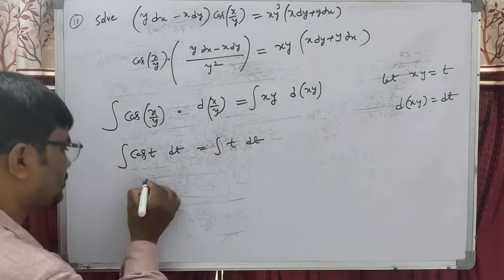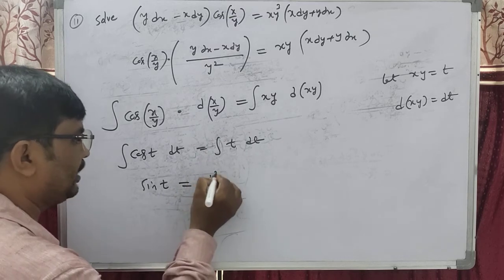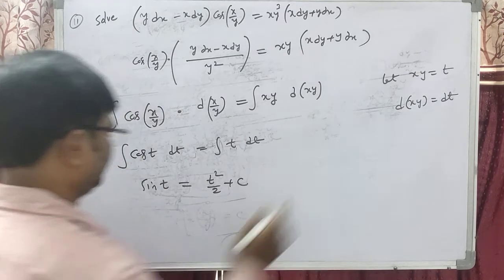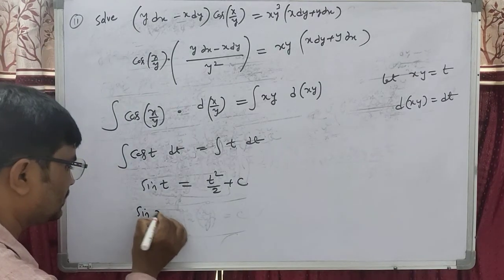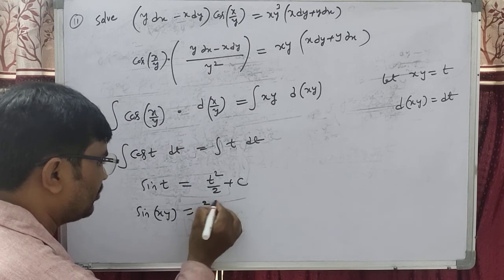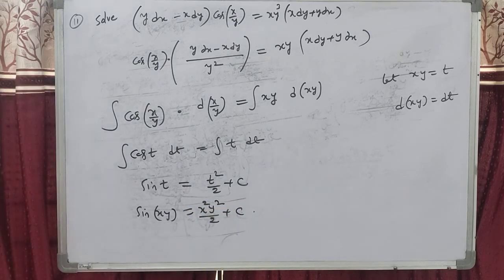The integral of cos t we know is sin t, and the integral of t dt is t square by 2. What is t? xy. So this is the sine of xy, and x square y square by 2 plus c. Write down, students.